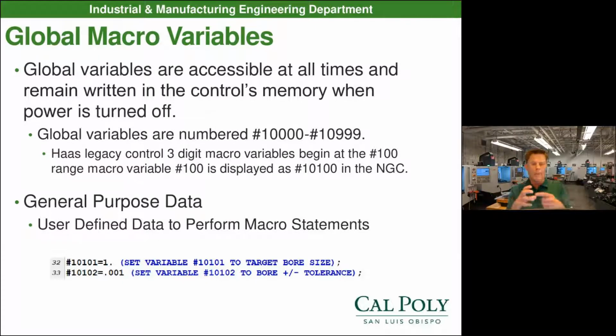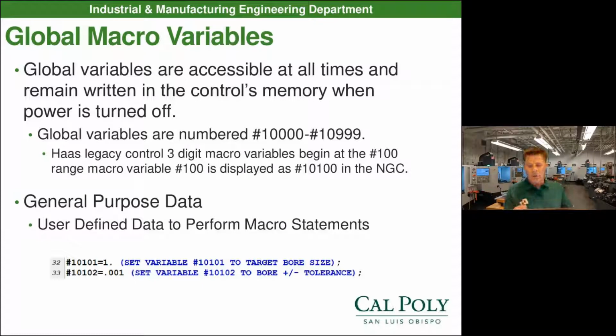It's got a bore in the center and a five-hole bolt hole pattern around the outside. So I wanted to maybe do some logic to compare stuff. So I set a macro variable, a general one, to a certain number. You can see I also set a tolerance, variable 102 there. I set it at 1 thou, that's a plus or minus tolerance. So I can use global variables to just hold data. I can put data in there and use it for math.